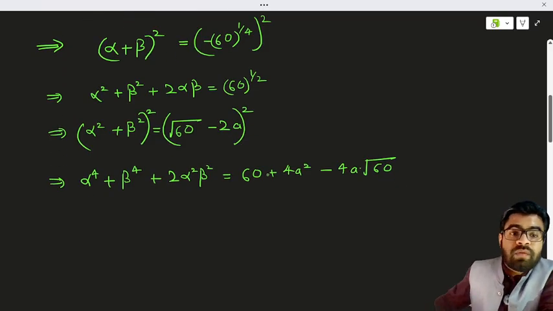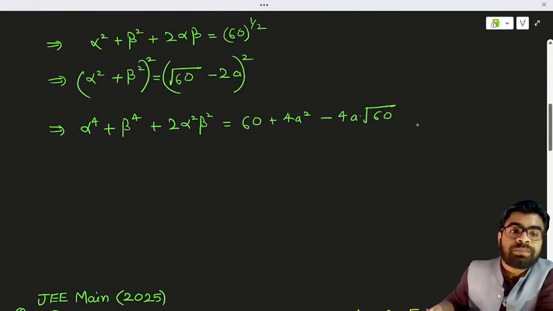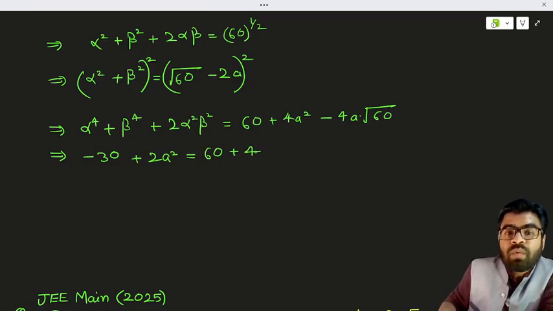Because we know that alpha power 4 plus beta power 4 is nothing but minus 30, I can put this value here. So it is minus 30 plus, and here it is a square because alpha beta is given to me, which is 60 plus 4a square minus 4a.